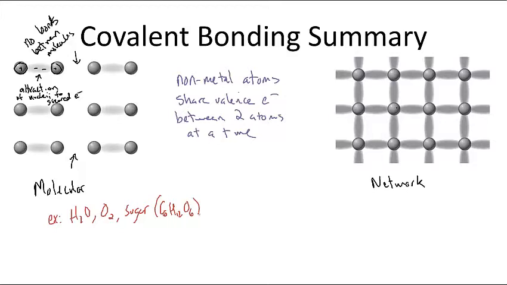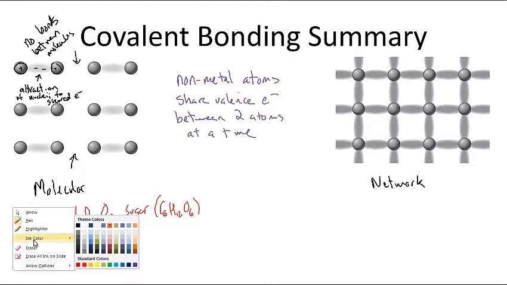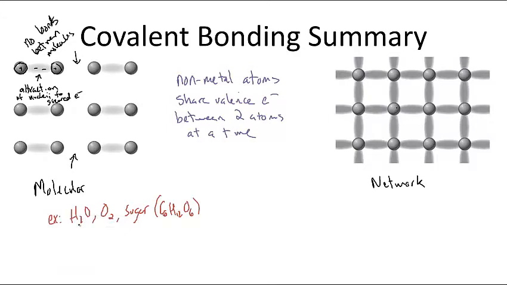For network, well, instead of forming discrete molecules, what happens is you have the positively charged nuclei of one, and this only happens with carbon and silicon, really. There are a few others. But they're all attracted in a big matrix to each other.